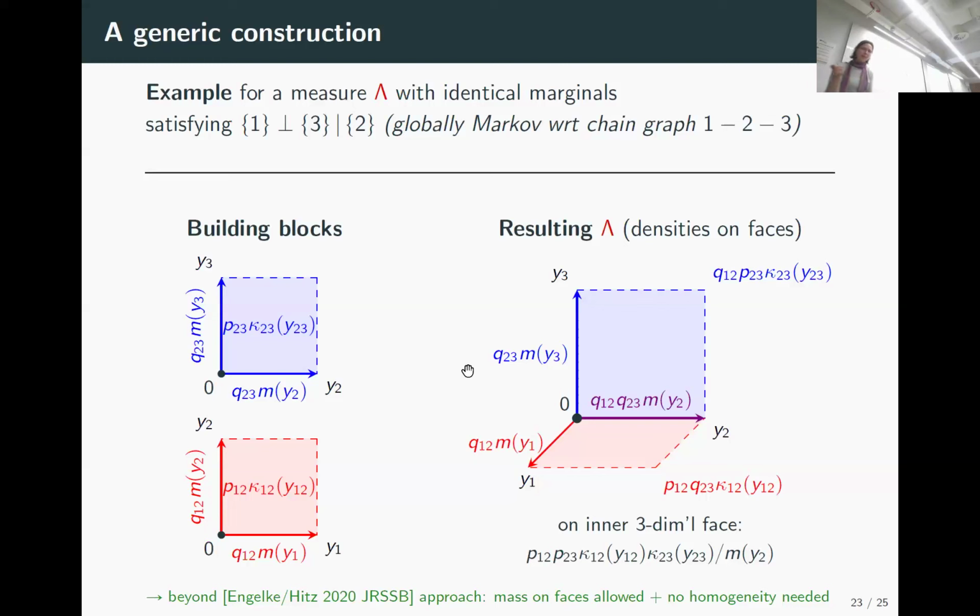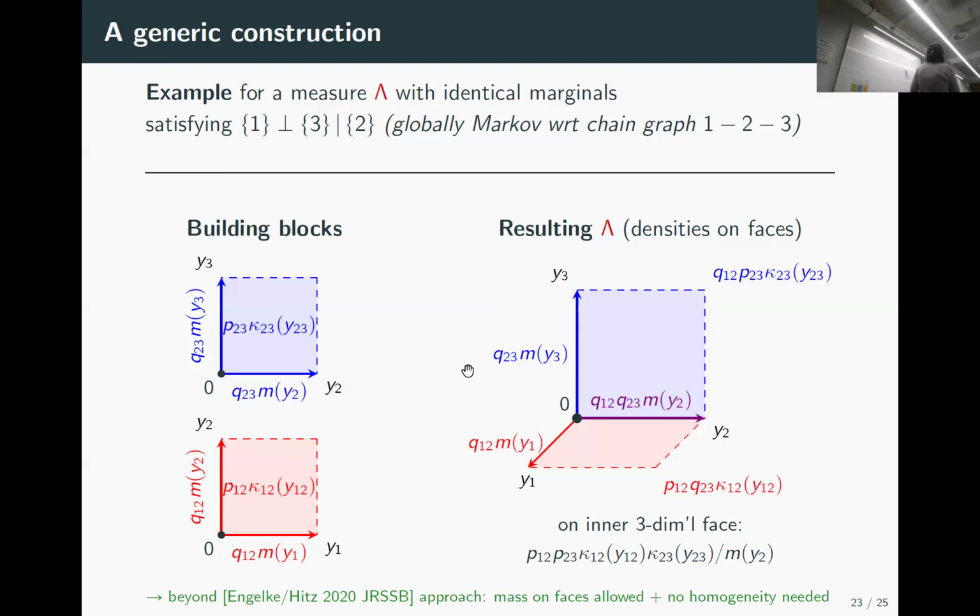Then we can also follow a constructive approach. How can we construct new models from building blocks and glue them together? The one thing that was missing previously was that we could glue, for instance, independent models together in a certain way.